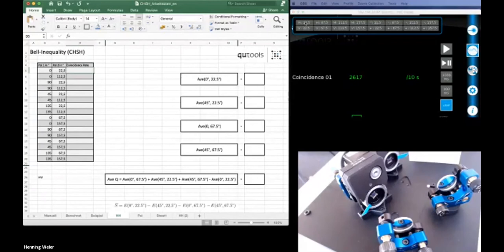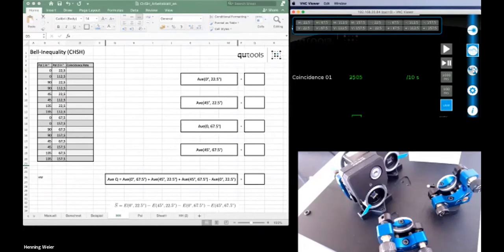I hope you can see in this case that we have here in the upper left corner, it means H for Alice's polarizer, 22.5 for Bob's polarizer. And I've clicked on that, and it's already set like that. You can see that on the small camera image. And now I'm going to let it count for 10 seconds. And the value that's going to come out of this we'll put into the Excel sheet.